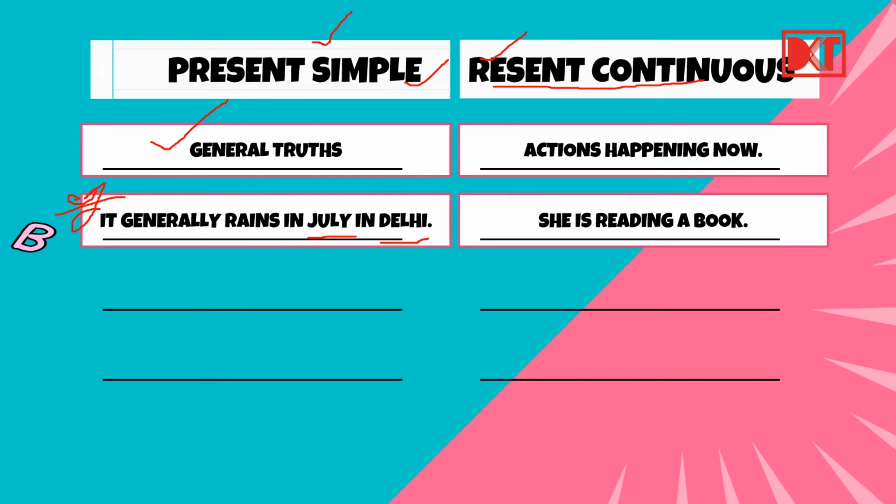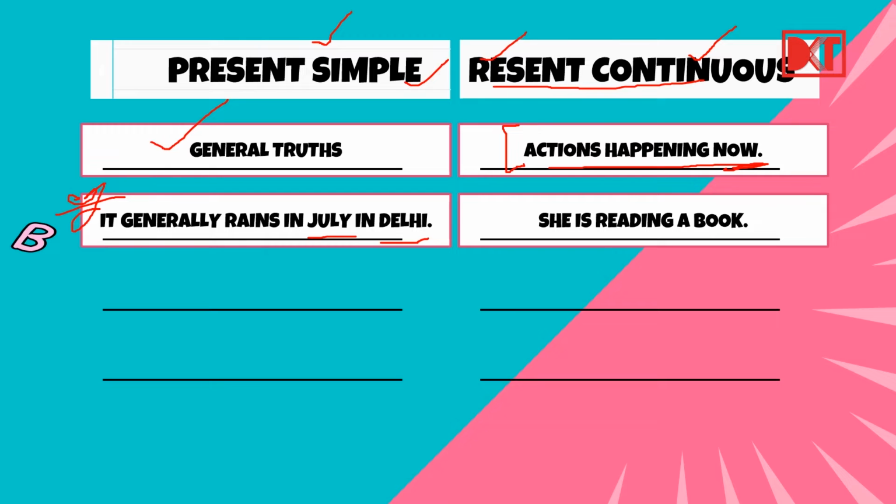Similarly, present continuous we use for referring to the actions happening now, actions which are happening right now, which are in process, which are still continuing. For example, she is reading a book. It means she is reading a book right now.